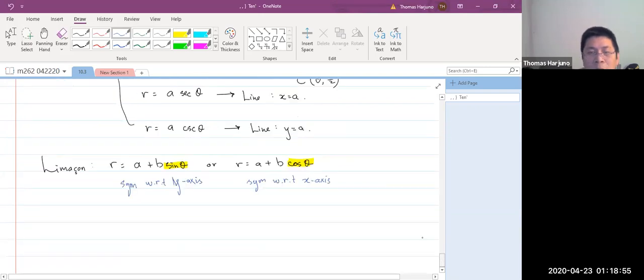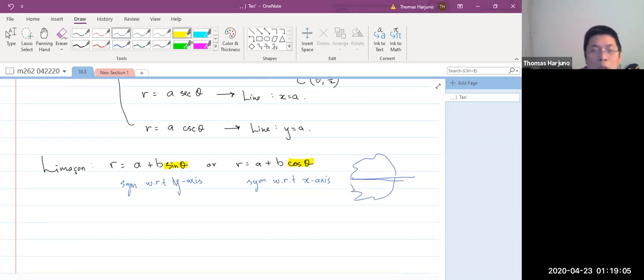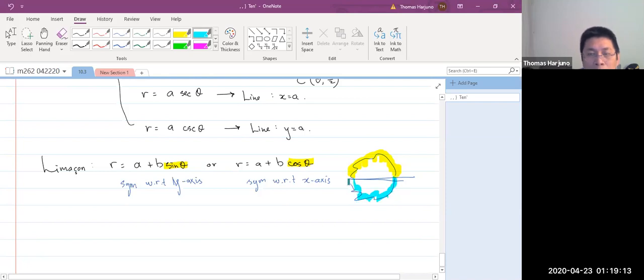Now, because it is symmetric with respect to the x-axis, you imagine what happens on the top is a copy-paste of what happens at the bottom. So what we will do later on is just do angle 0 to pi, and then copy-paste that below. You see what I mean? Does it make sense with our plan?